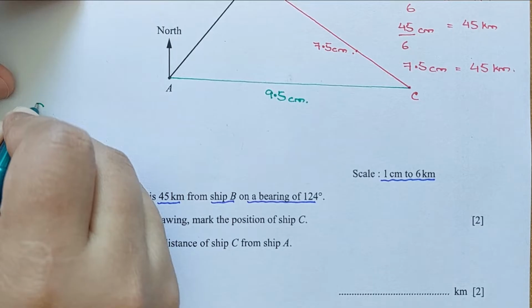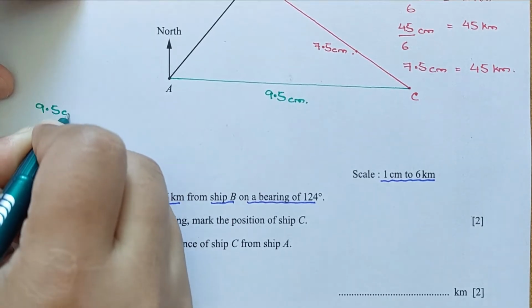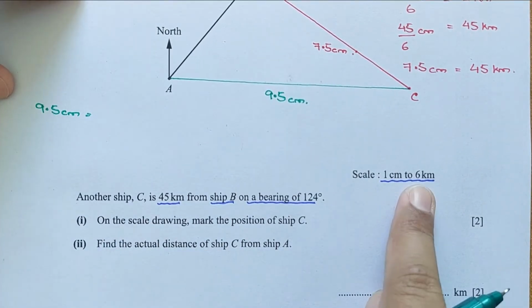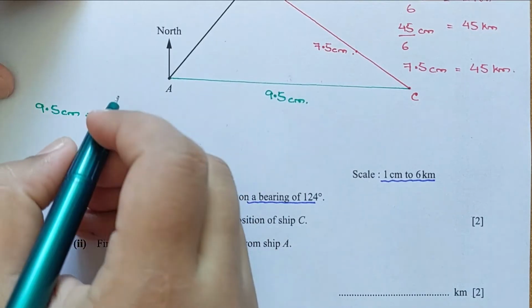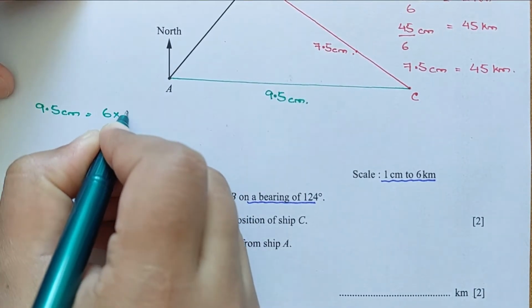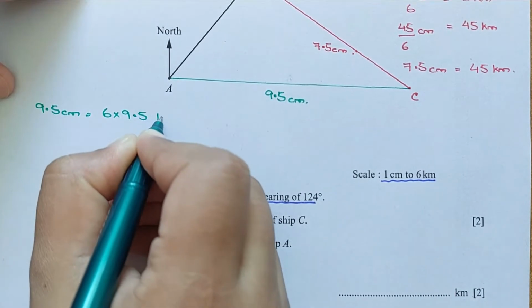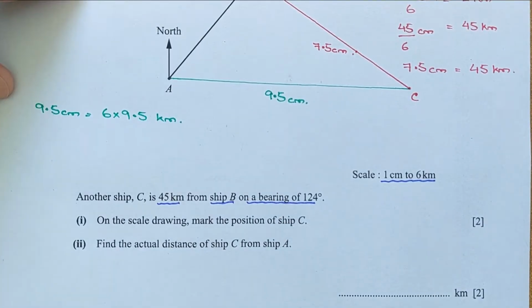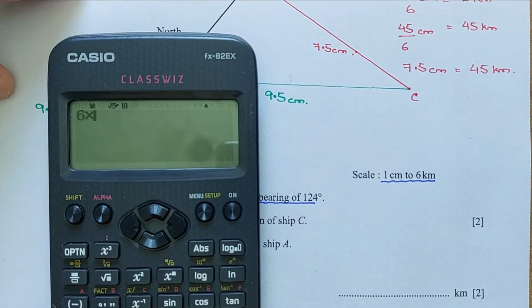Okay, so what is 9.5 centimeters? If 1 centimeter is equivalent to 6 kilometer, 9.5 centimeter is 6 times 9.5 kilometers. 6 times 9.5, this is 57 kilometers.